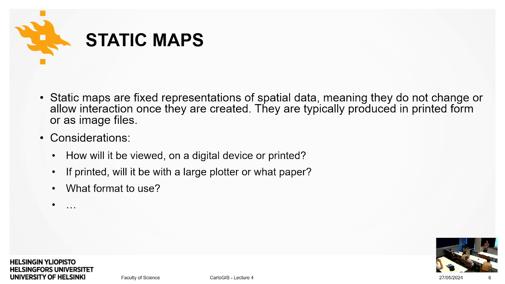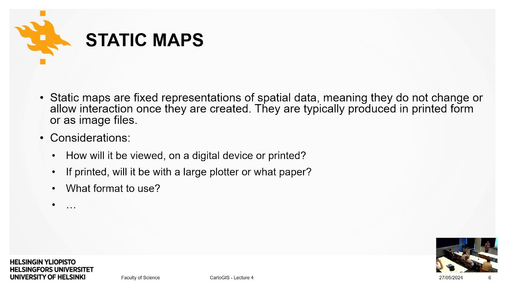Of course, there might be considerations to make if you're having an interactive map, but generally the same rule applies. We have talked about colors, taking into account people who might be colorblind. That applies to both, and we are not going to go through that again. These are more specific things about static or interactive maps.